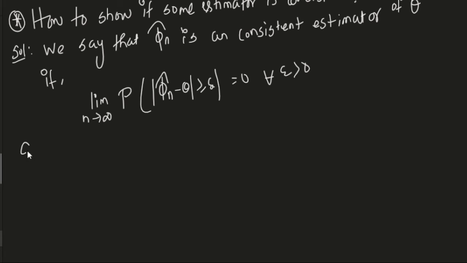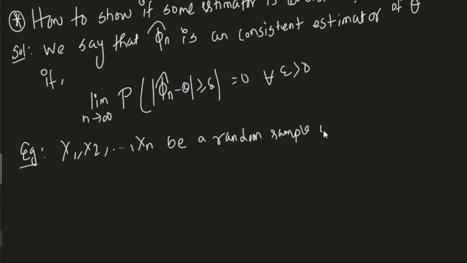Suppose x1, x2, all the way up to xn be a random sample with mean E of xi equals theta and variance of xi equals sigma squared.